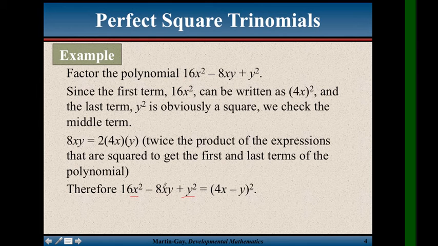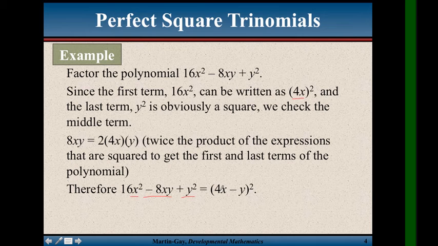So we have negative 8 here. Why? Because we have 4 here, and 4 times negative 1 is negative 4, and negative 4 plus negative 4 is negative 8.